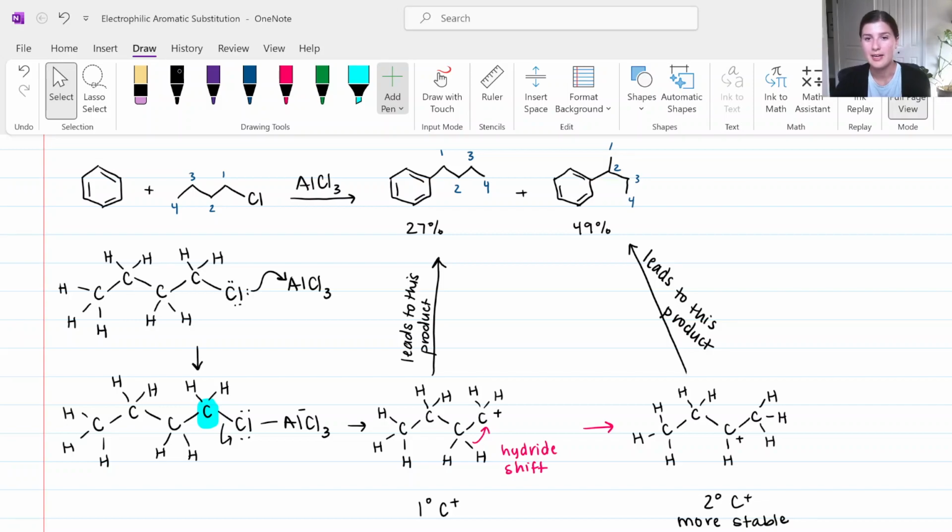But if you're only asked to explain why these are the observed products, this is a sufficient explanation to say we have these two products because of the two different carbocation intermediates that are possible, or the two carbocation electrophiles that are possible. One is more stable than the other, and that's why we have a higher percent yield for the product that results from the more stable carbocation.